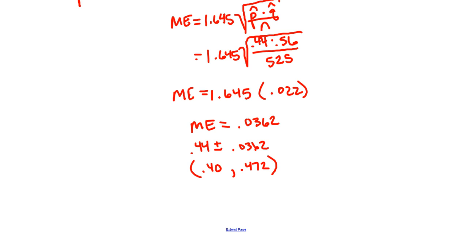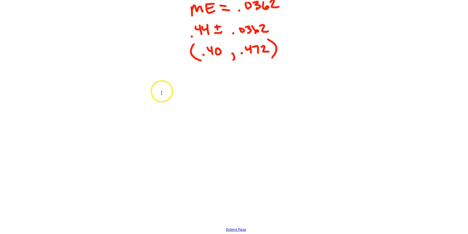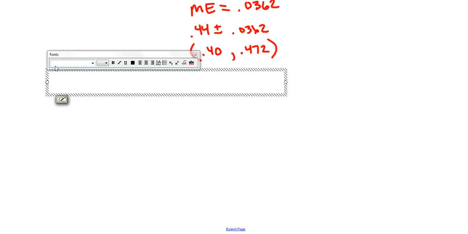So there's our interval. The last thing when we calculate an interval, we always make a statement that goes with that interval of what it really means to put it into context. So my statement will look something to the effect of this.